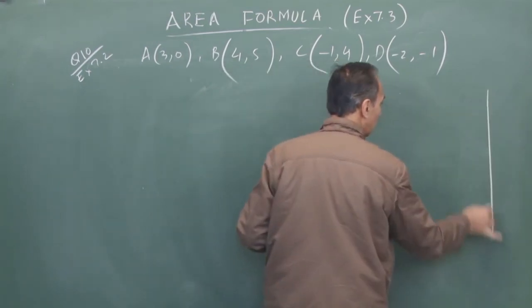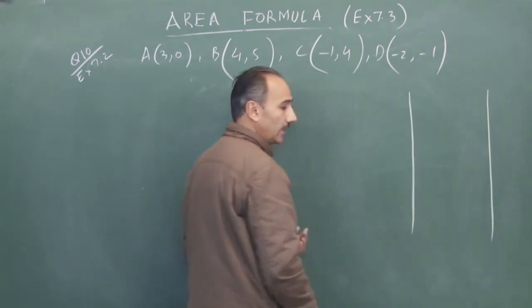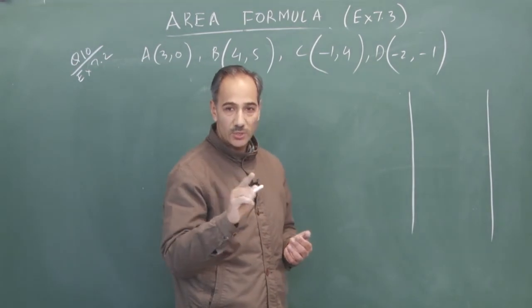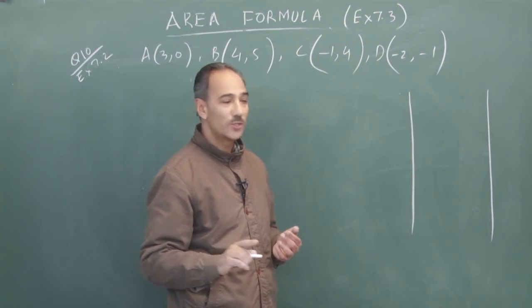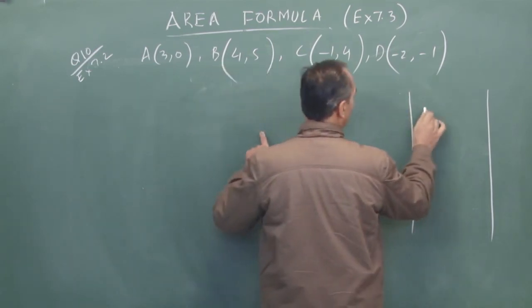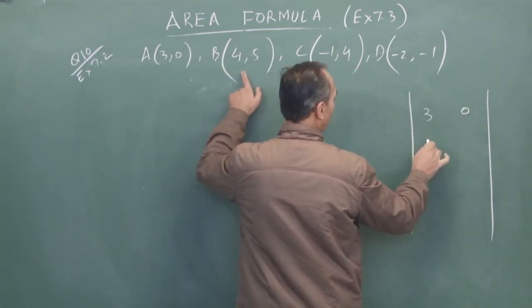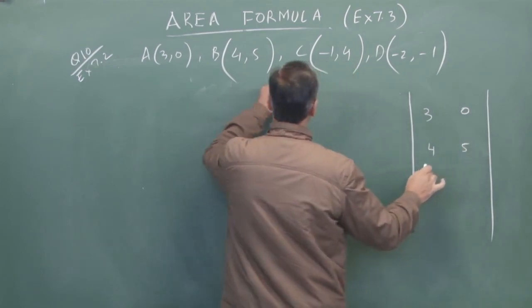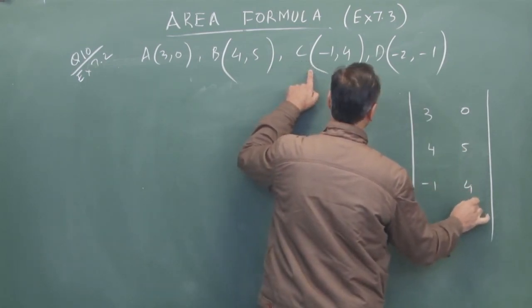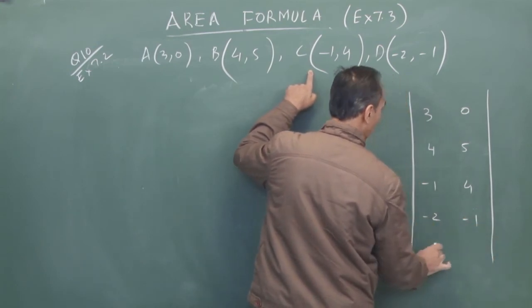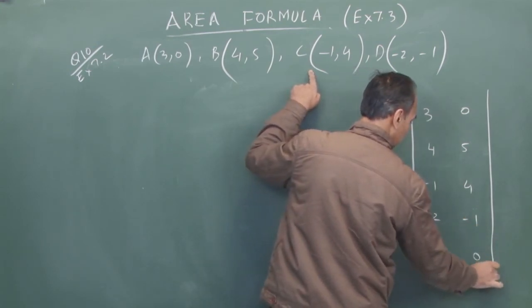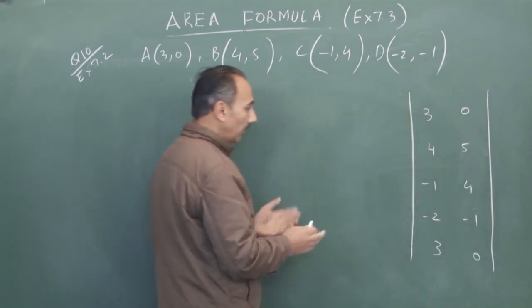Use the same concept that we use for a triangle. Coordinates of A, B, C, D, and again A. So we have A (3, 0), B (4, 5), C (-1, 4), D (-2, -1), and again A (3, 0). Apply the same logic.